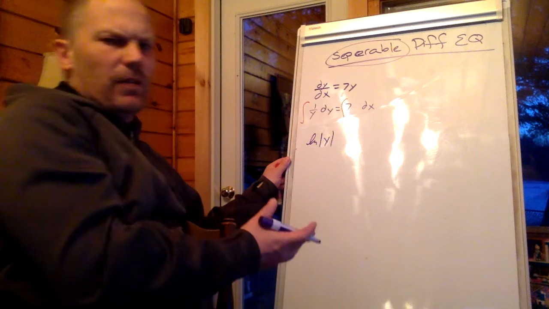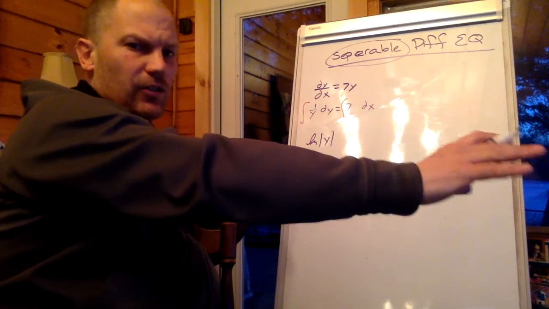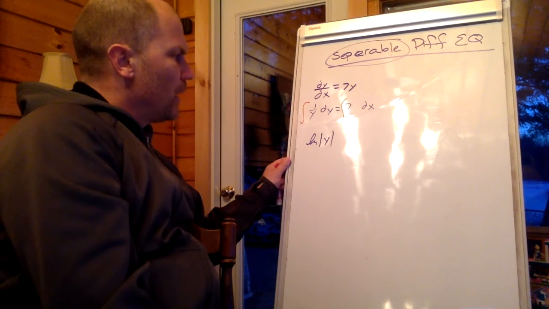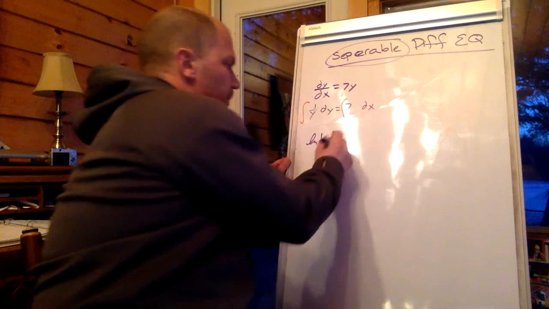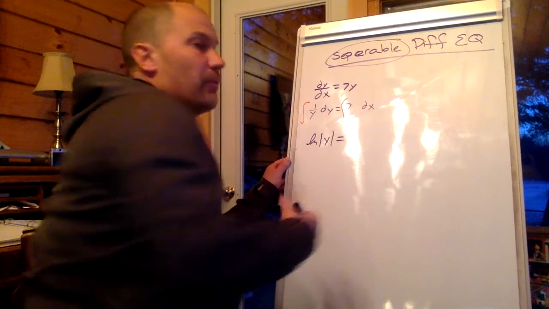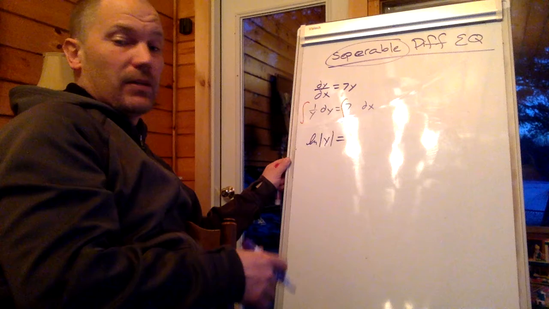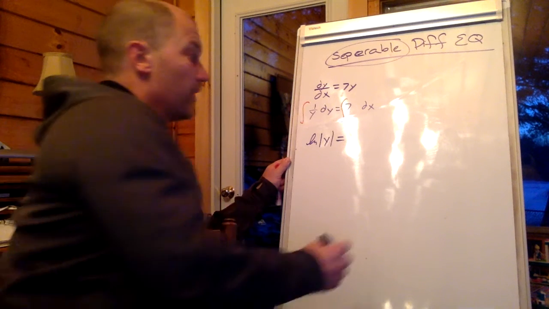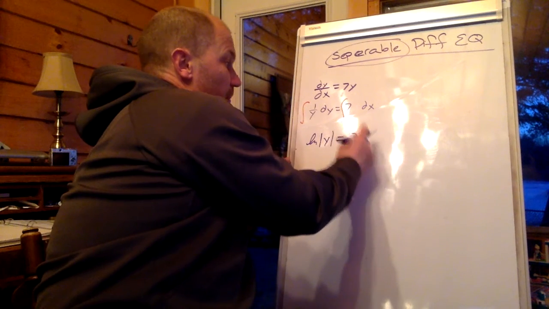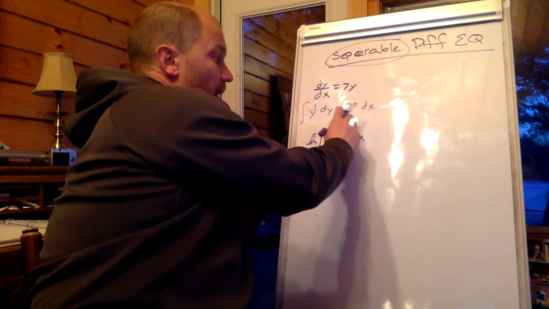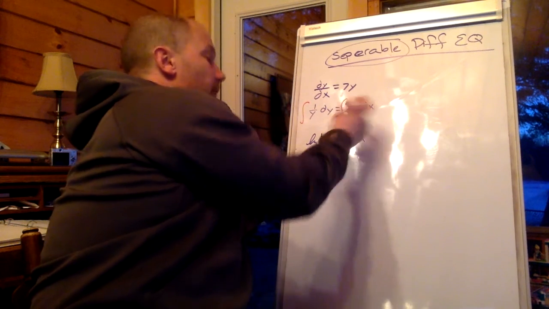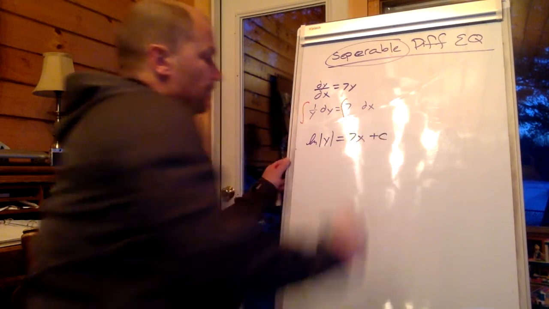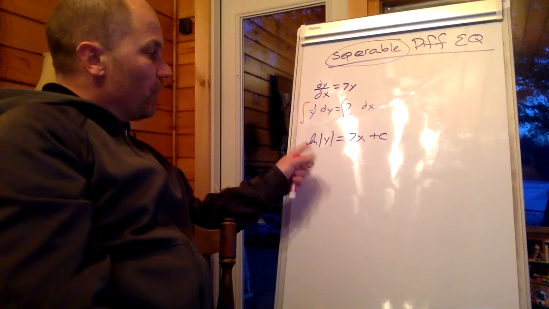And then we could do plus c, but I'm going to save it and just do it once on the other side. The integral of 7, well, that's a really easy one. At this point, it might be so easy that maybe you forgot, but it's 7x, right? Because the derivative of 7x is 7, plus c. And we're not really done yet.